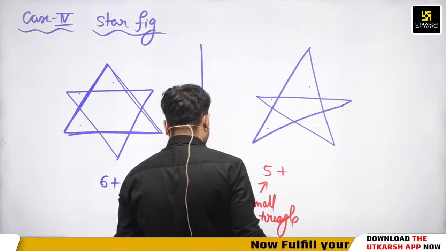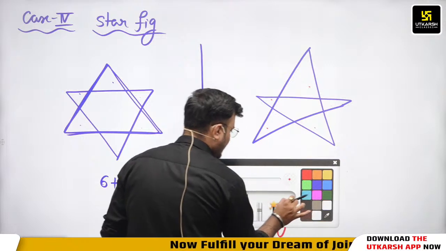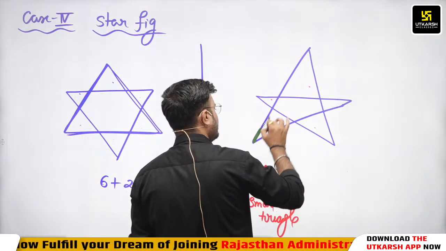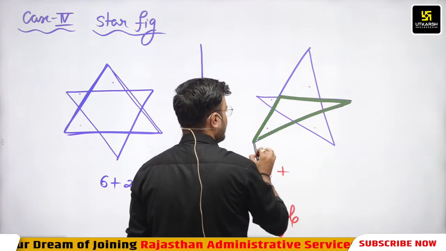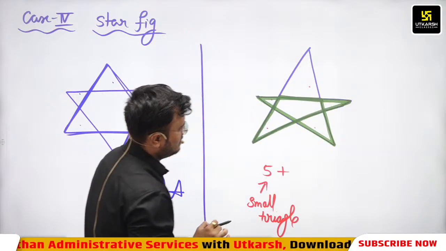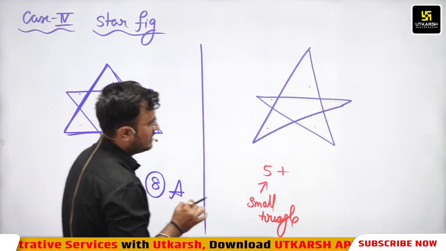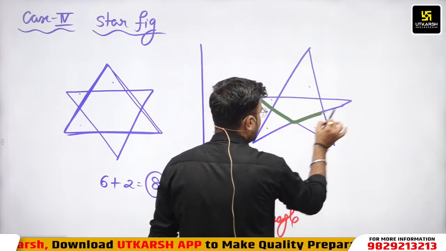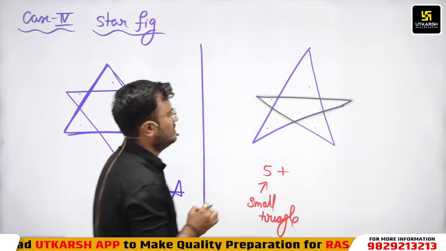Now you need to observe very carefully. There are 5 more triangles. This is your first one. This is your second one. So you are able to observe these 2 triangles. Now I am going to tell you the third one. You are able to see this third one. This is your third triangle.